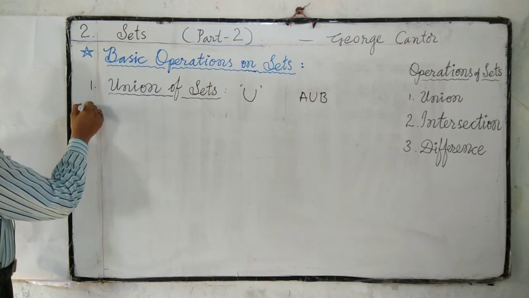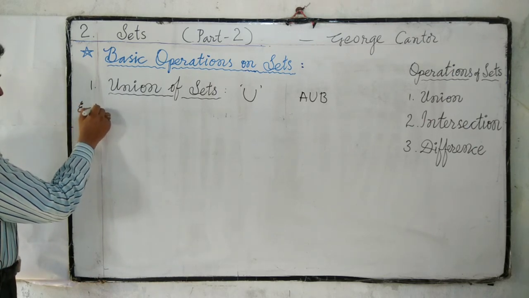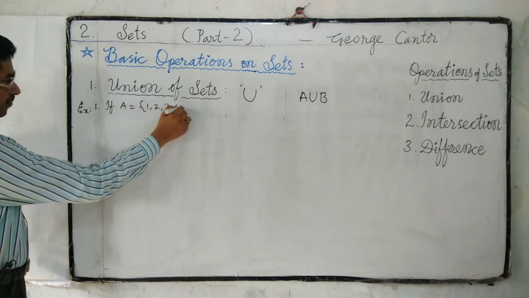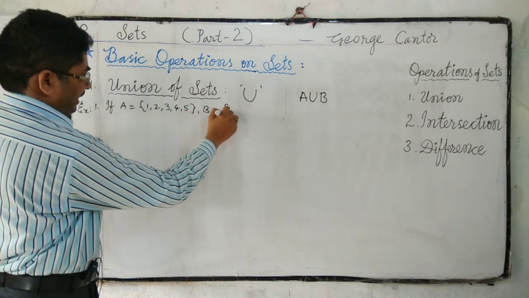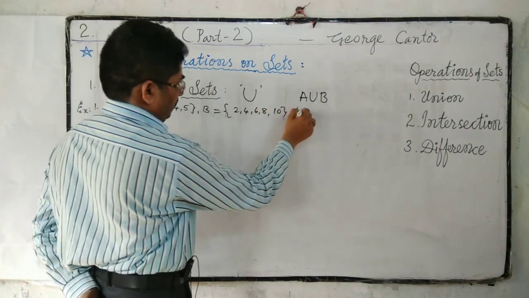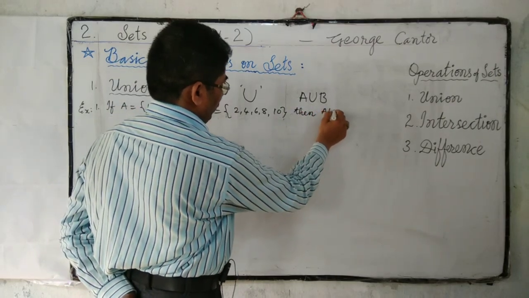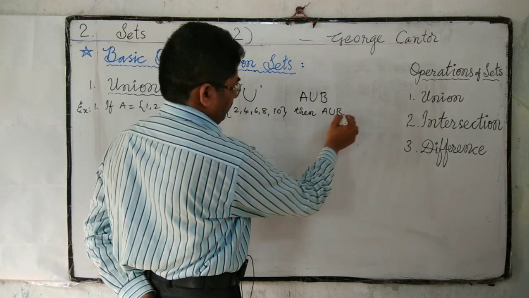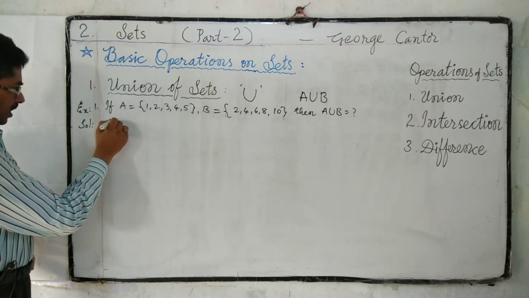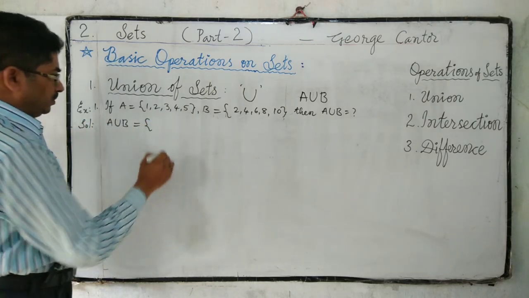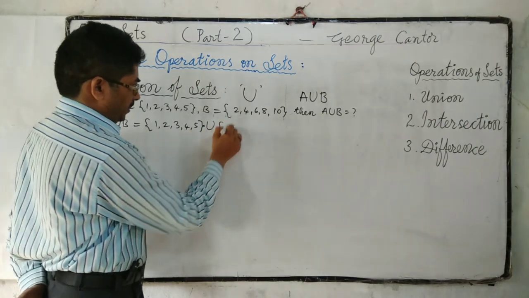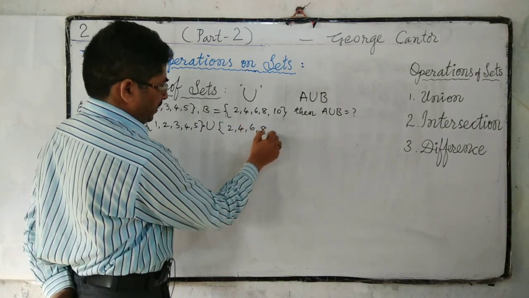Let us see one example. If A is equal to the set {1, 2, 3, 4, 5} and B is equal to the set {2, 4, 6, 8, 10}, then A union B is equal to the set {1, 2, 3, 4, 5} union the set {2, 4, 6, 8, 10}.